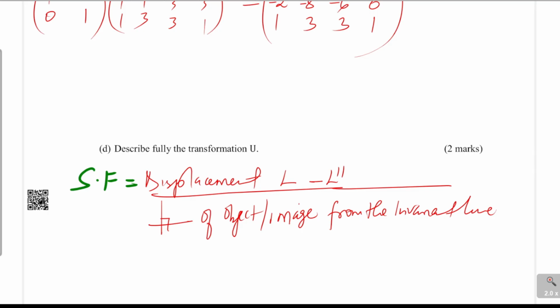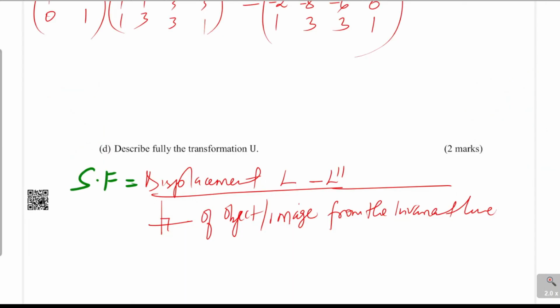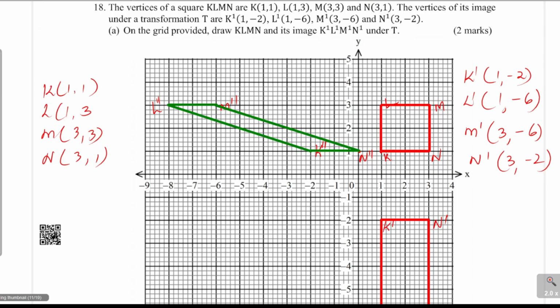Now, I've mentioned the invariant line. How do you identify the invariant line? To get the invariant line, also there is a way you do it. If you want to get it, you simply take the image line, let's say L double prime, K double prime, and extend that line to join with L, K. So in the diagram, I'll do that.